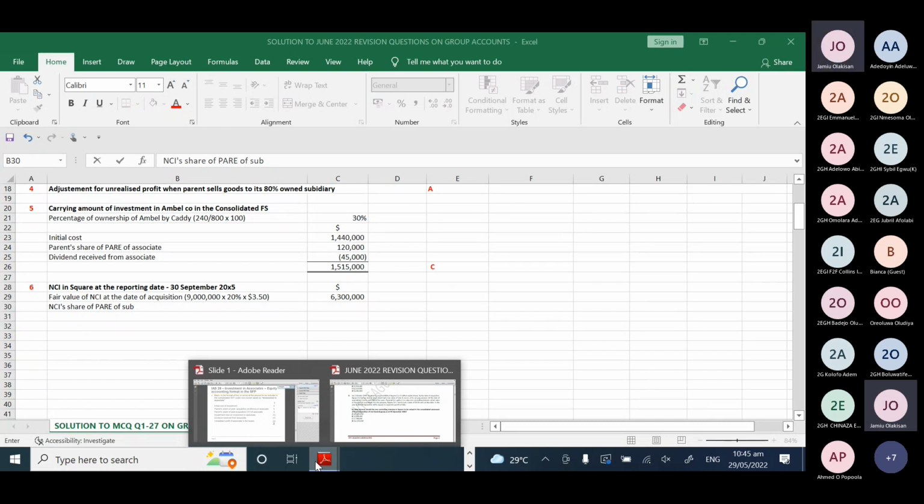If we do that working note correctly, the total of that last column is what we always pick to multiply by the NCI percentage to get the second item here, right? You remember that.